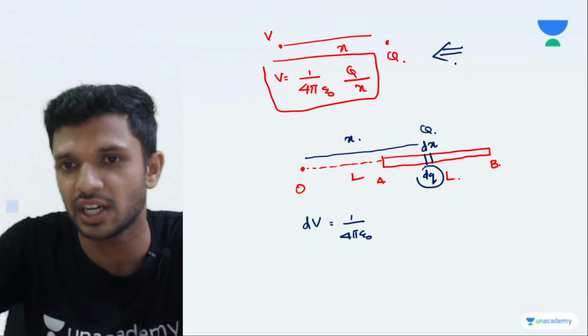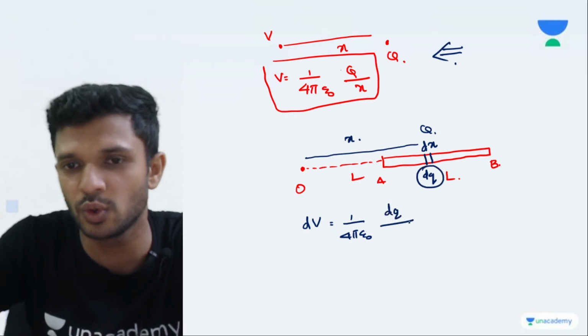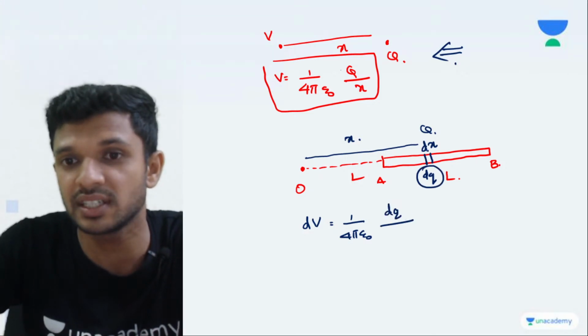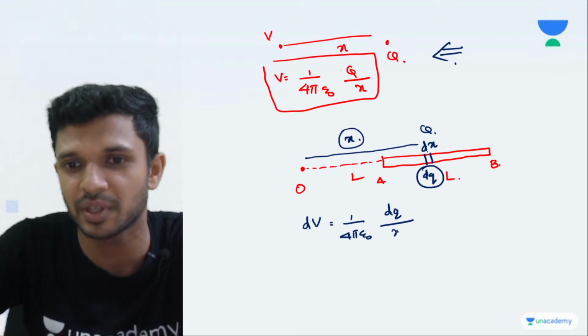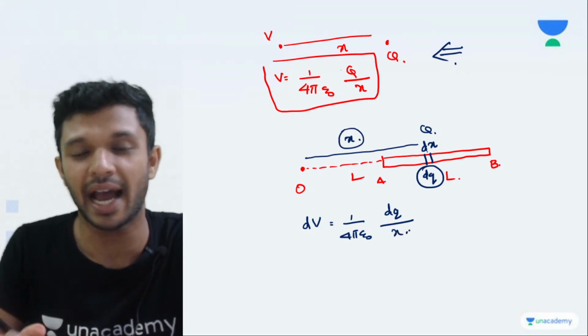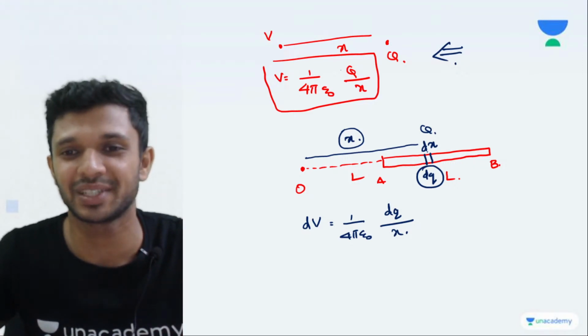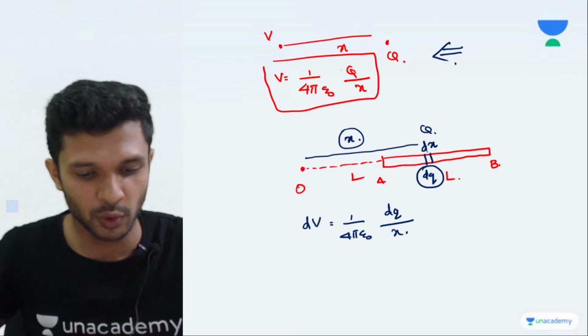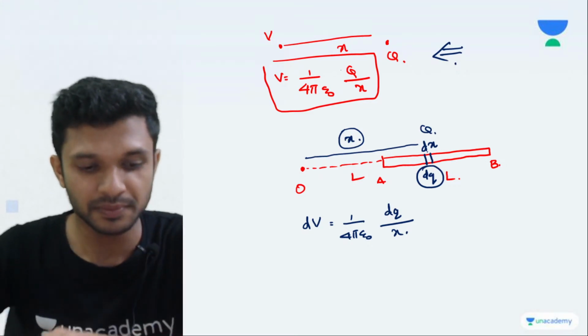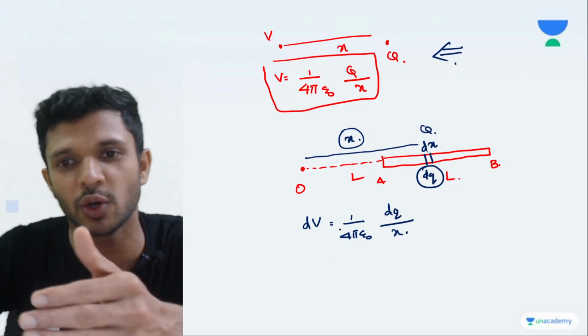Here the charge is dq, divided by the distance from it, which is x. If you have understood this much, the problem is done. Now only mathematics is left. Shall we continue? No problem, right? Okay, let us continue.